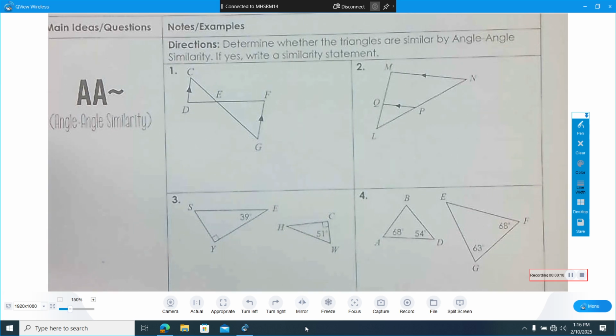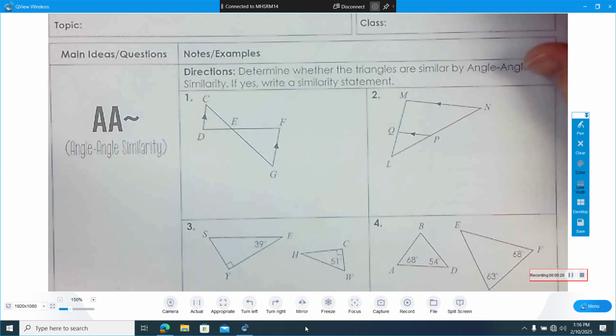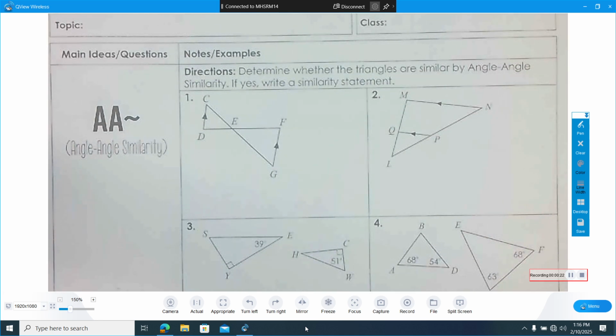All right, today we are talking about triangle similarity. Now, on Friday, we learned what was required to have similar figures, and we needed 3 pair of congruent angles, and we needed 3 pair of proportional corresponding sides.